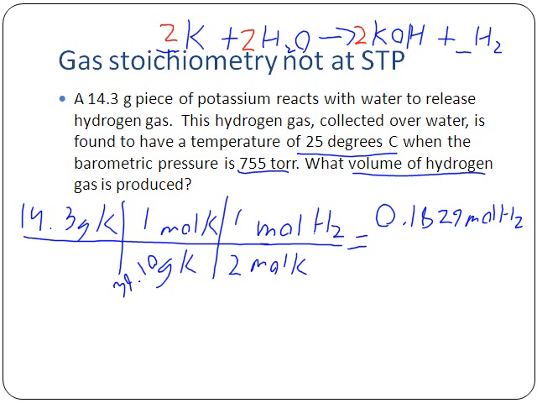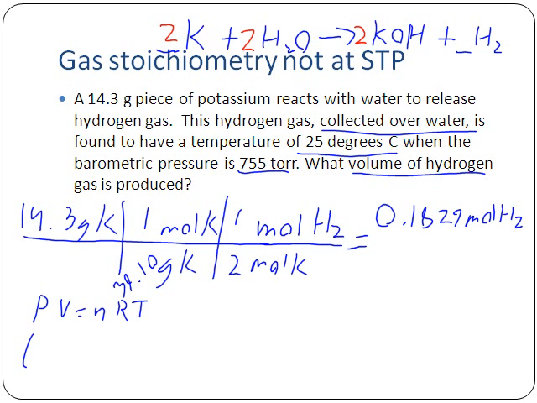So now we want to put it into our ideal gas law, PV equals nRT. So pressure. In this case here, we're told the barometric pressure is 755 torr. But we don't want to put that in just yet because it also tells us it's collected over water. And so we have to subtract off the water vapor pressure.